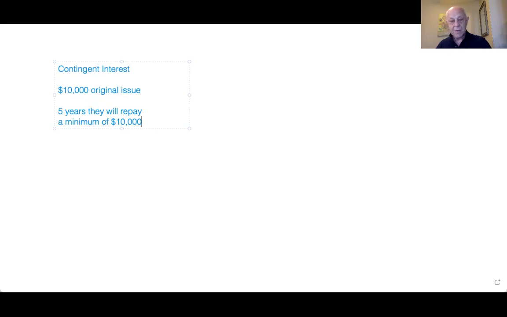And the maximum will be the $10,000 for the value of what $10,000 invested in the S&P 500 is 5 years from now.